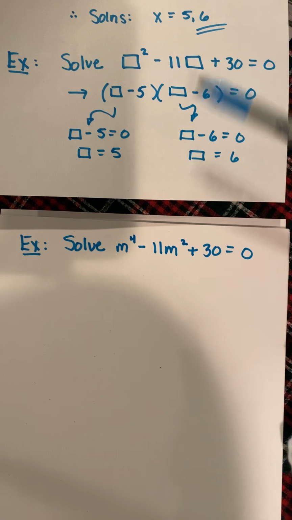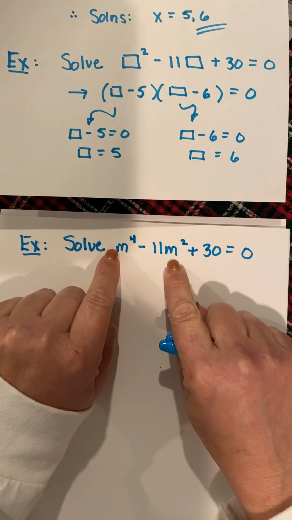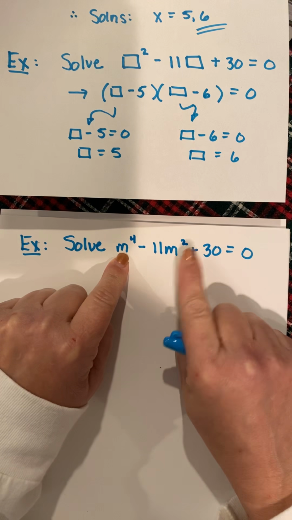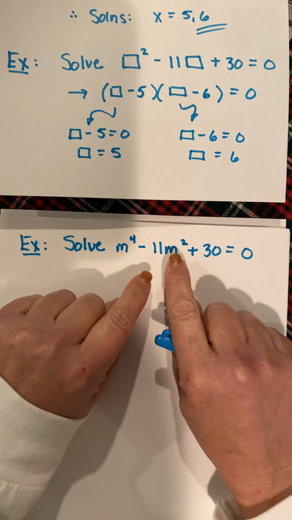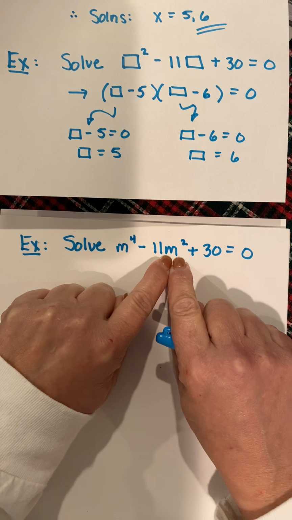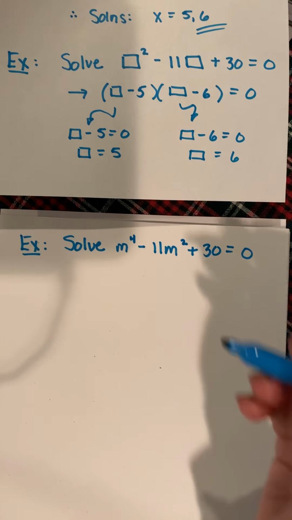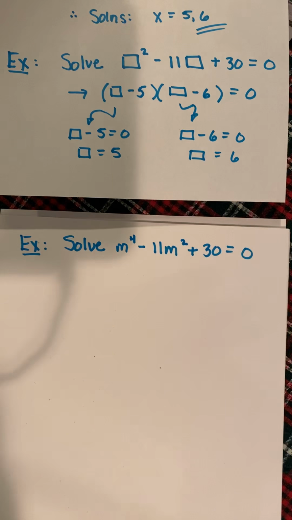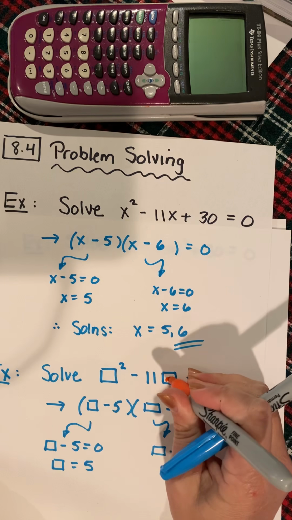We have minus 11 times something in the middle. These match. Here's m and here's m's. The difference is this is a power of 2 and this is a power of 4. But notice if we take what's in the middle and square it, m squared squared, we get m to the 4th. So this actually behaves like the previous problem, but what we have inside this box is actually m squared.